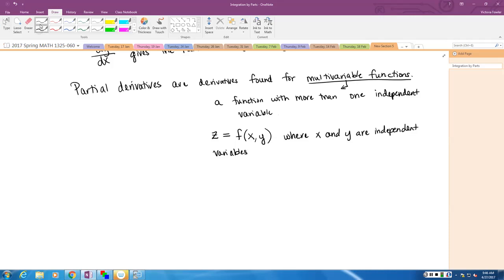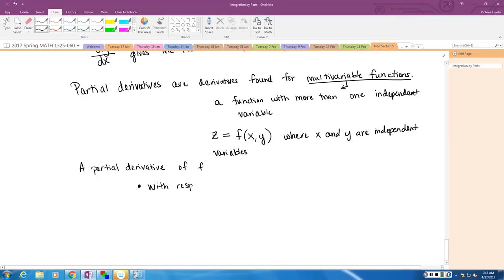And so let's define what a partial derivative is. So there are really going to be four kinds. Let's break it down from the beginning. You might want to put a little heading that says a partial derivative of f, and then drop down a line, and put a little bullet point.